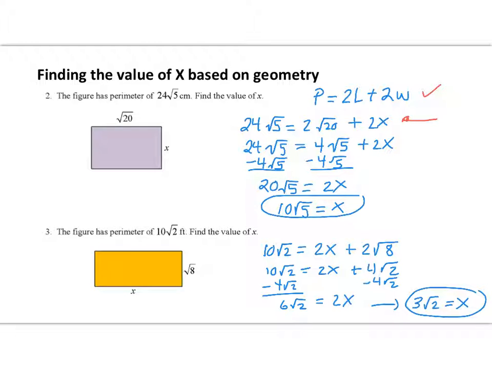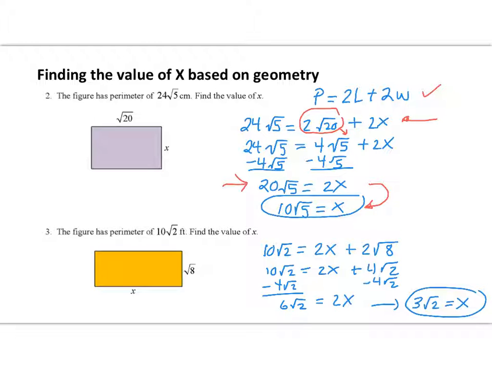I simplified this expression, and it simplifies to 4 square root of 5. And then I took out the 4 square root of 5 from both sides, and I'm left with 20 square root of 5 is equal to 2x. I divided both sides of the equation by 2, and I'm left with 10 square root of 5 is equal to x.